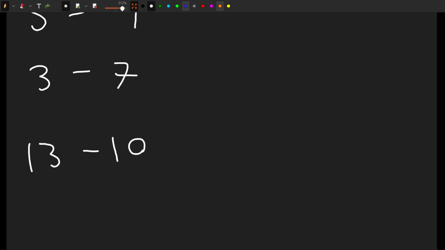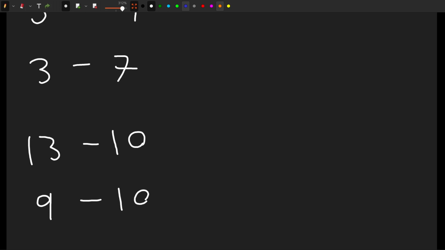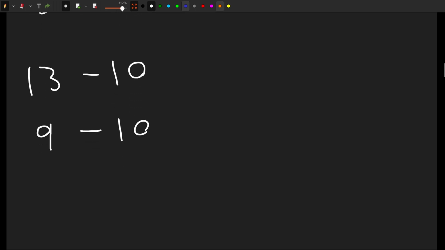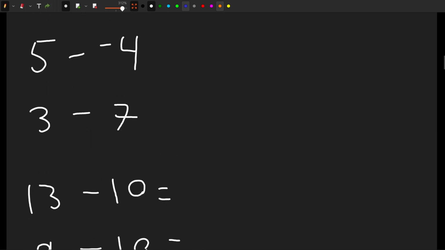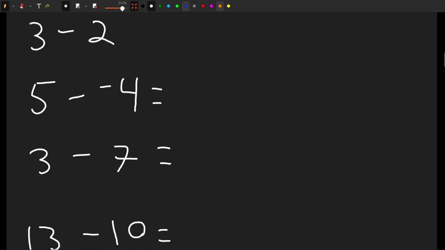We're going to have 9 minus 10. And then we're going to have negative 12 minus negative 17. And let me make sure I add in all the equal signs.